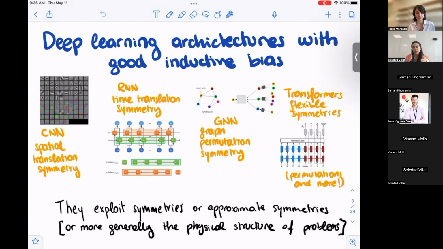And then transformers are very flexible, and they're designed in a way that they are symmetric with respect to permutations, but also they can be adapted to incorporate other symmetries as well. So one can say that these deep learning architectures that have good inductive biases have some symmetries in mind in the design.